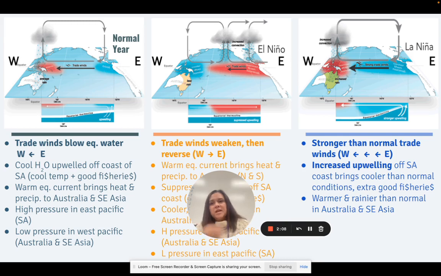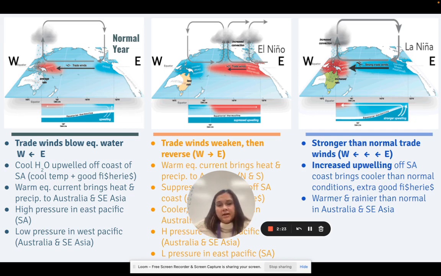Lots of good fishing. On the other side, we have a warmer climate over in Southeast Asia and Australia, and we've set up a low pressure system. Low pressure is associated with rainier weather.